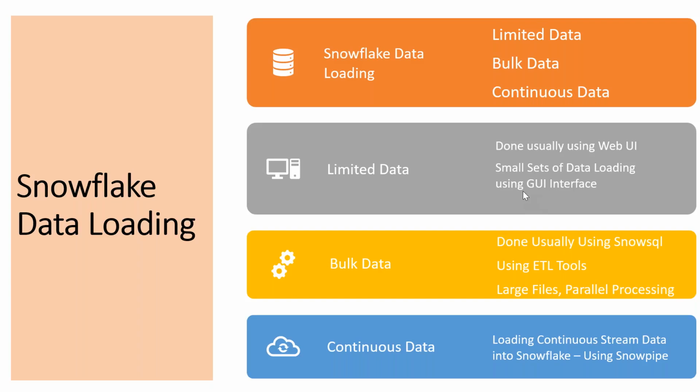Coming back, small sets of data are loaded using the GUI interface. We'll see how that can be loaded. The bulk data is usually loaded using SnowSQL or ETL tools, with large files and parallel processing. When we talk about bulk loading or bulk copy, we are going to do a lot of data ingestion using parallel mechanisms, and that is called bulk loading and bulk copy.